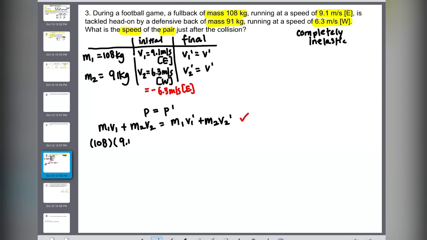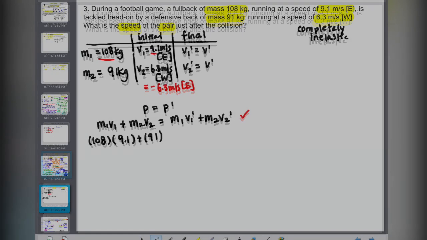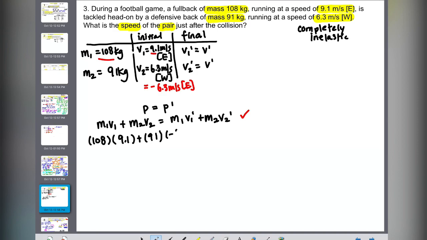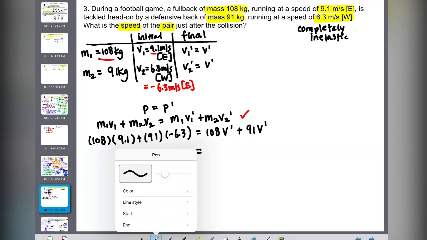Okay, so I've just subbed in that V1 prime and V2 prime are the same as V prime. So there's one variable, and I can collect the like terms on the right hand side.